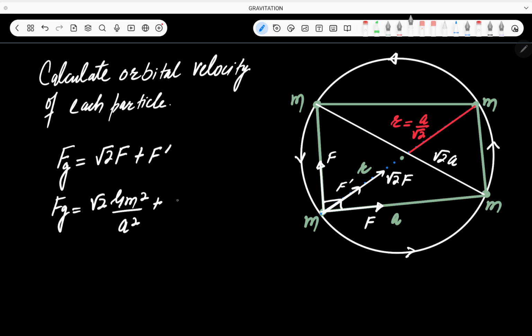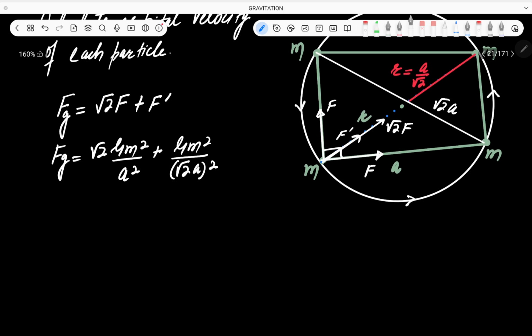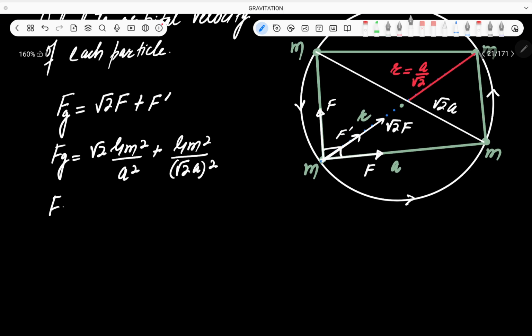It is equal to G M into M, that is M square, divided by root 2a whole square. In fact, we have done this question already. Gravitational force will be equal to, कॉमन यहाँ पे जो आएगा वो आएगा G M square divided by a square, and we are left with this root 2 plus 1 by 2.